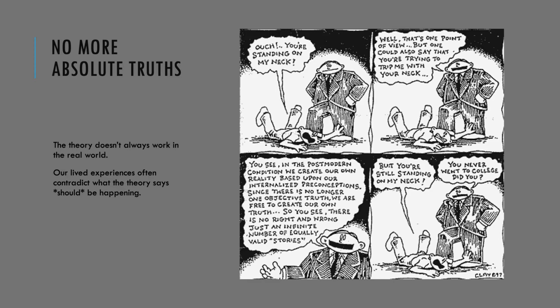So we also have this idea that if we can pick and choose elements from previous ideas, previous theories, previous ways of living, that means that we have no more absolute truths. So that means that all truths, all ways of living are completely valid.